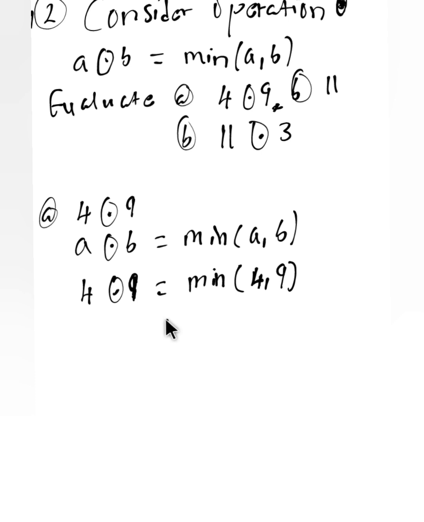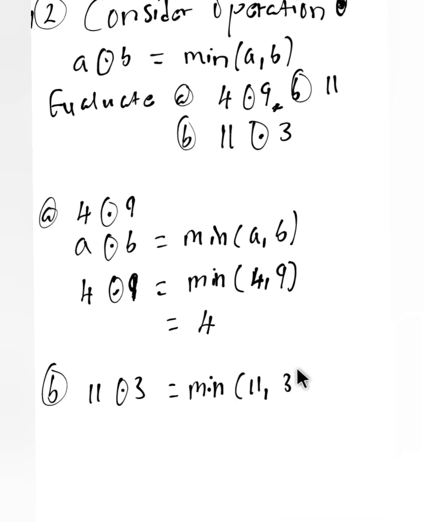The smaller value is 4. 4 is the minimum between 4 and 9. Now solving for B, 11 operation 3 is the minimum of 11 and 3. So between 11 and 3, which one is the smallest? Of course, it's 3. So this operation is defined as the minimum between two numbers. And when we operate two numbers together, we have a unique third number.